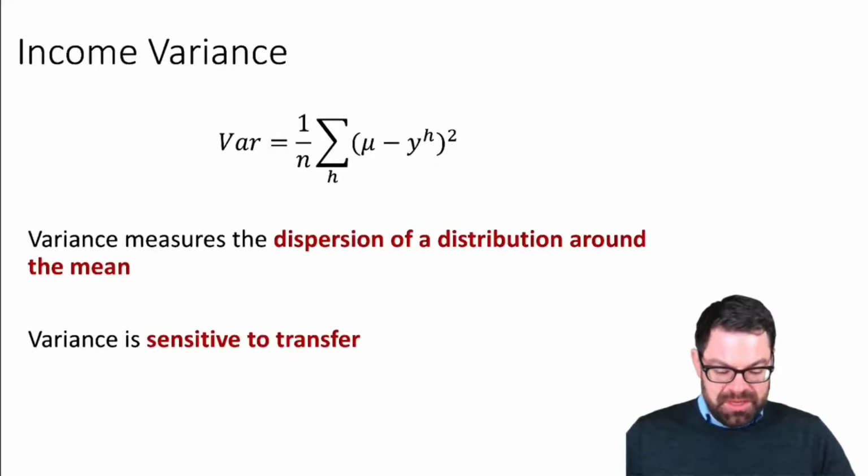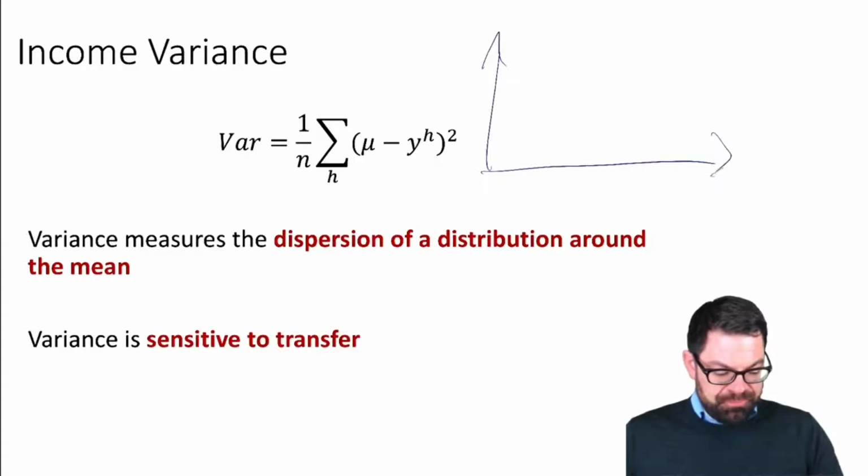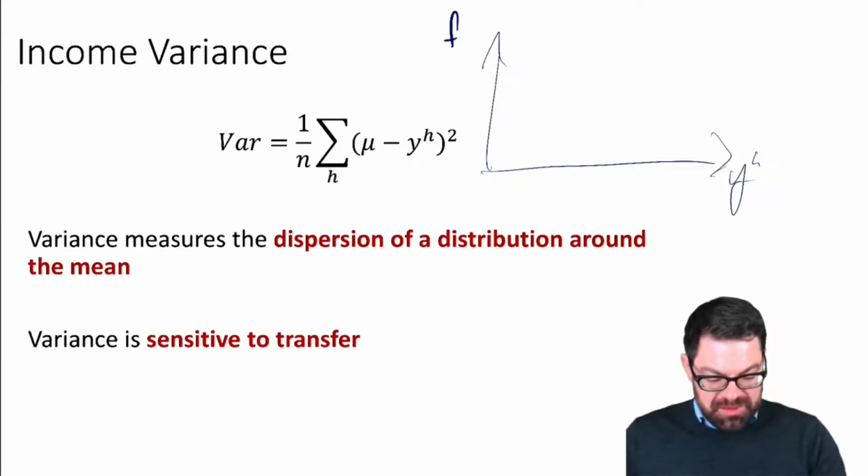So we will start with the variance, which you have learned in your statistics course, which tells us the dispersion of a distribution around the mean. So the formula you can see up here, and if you remember from your statistics course, you have here the household income, and here on the vertical axis you have the density of household incomes.